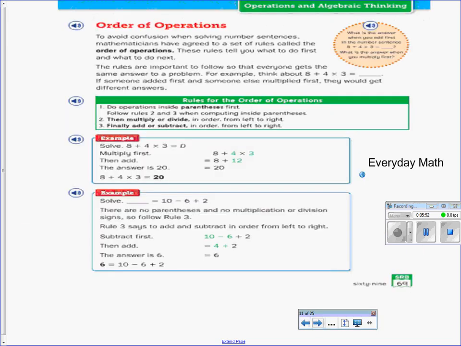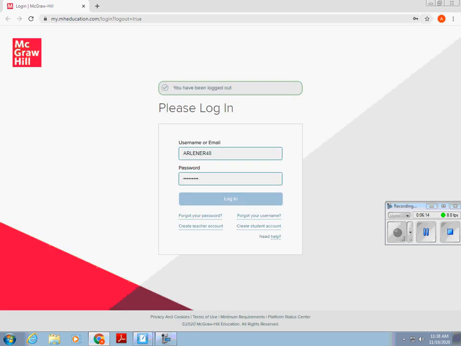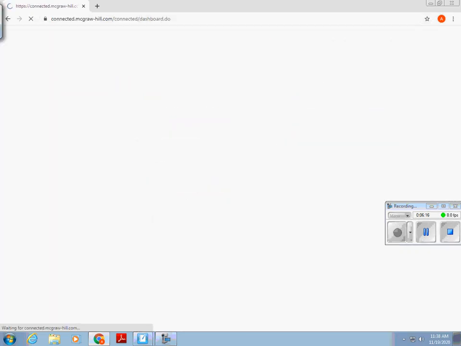All right, if we go to our student reference book, it gives us a little bit of extra information about order of operation and the way that we should do it in. So go to your Everyday Math website and get logged in.